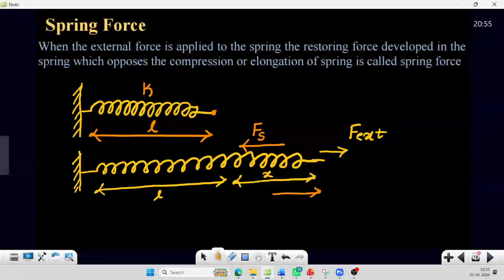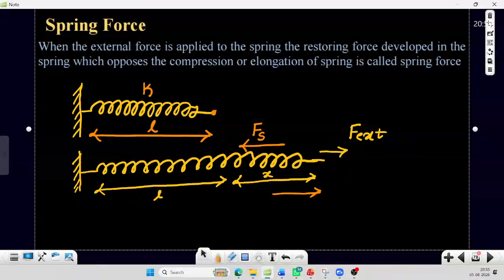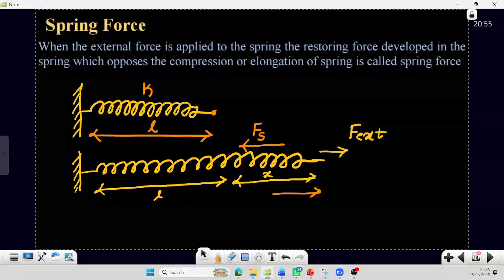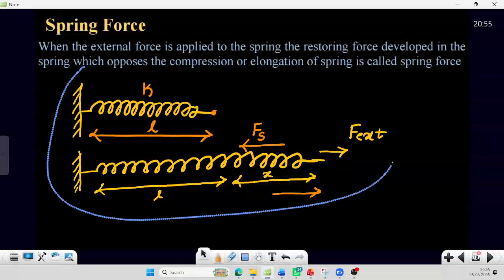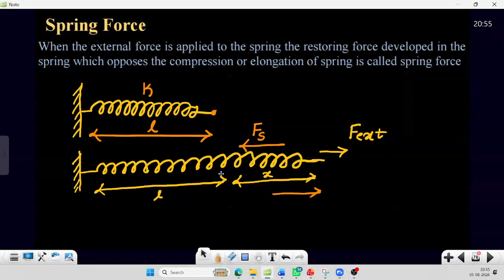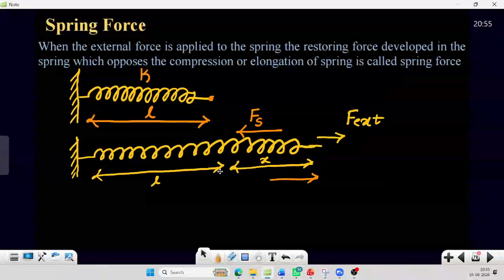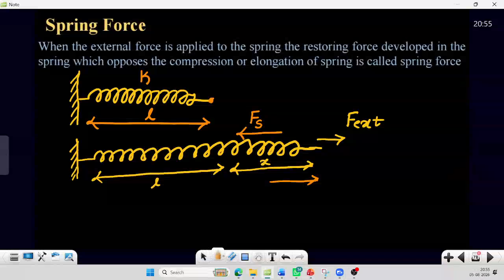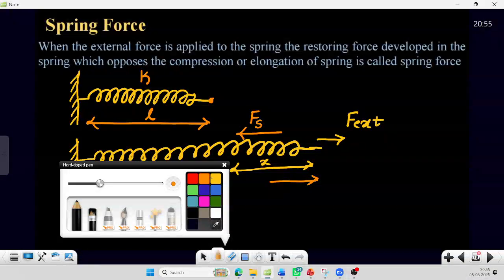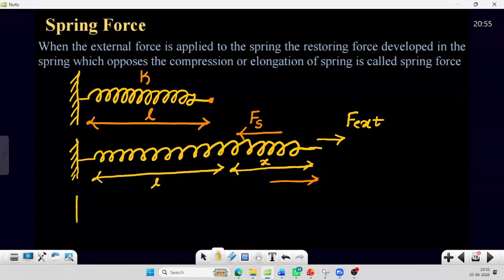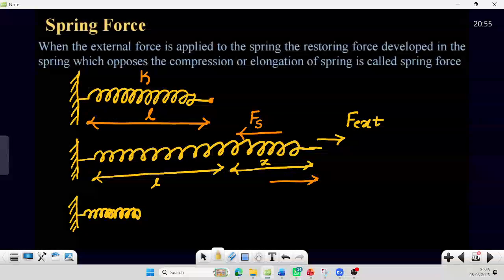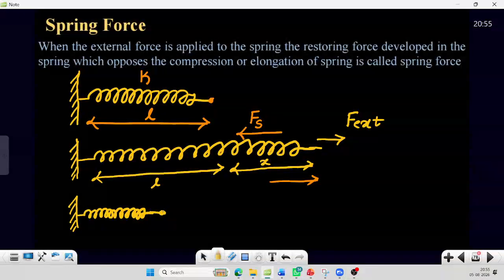Now with this same spring, if we try to compress it, tell me what happens. We have taken the spring and now we are trying to compress it. The spring gets compressed like this.